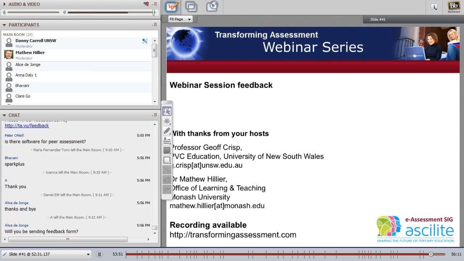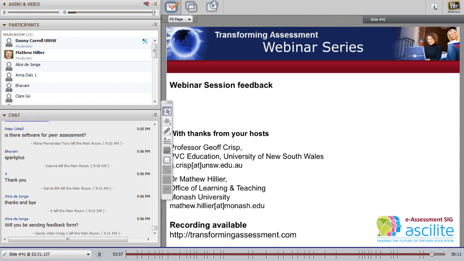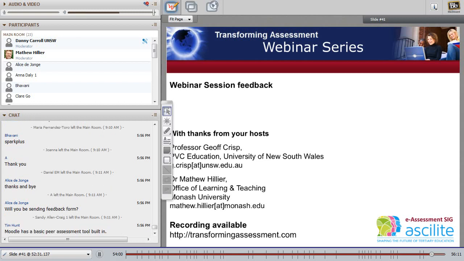It's very good for people who want to do peer assessment very thoroughly. The Review approach to peer assessment is a bit simpler, a little bit light bright. And Tim, you're right, Moodle has got a basic peer assessment tool. It's quite good for commenting on documents. The Review approach is more about giving feedback about peer activity and the quality of team members' work. So we use the different tools for different purposes.